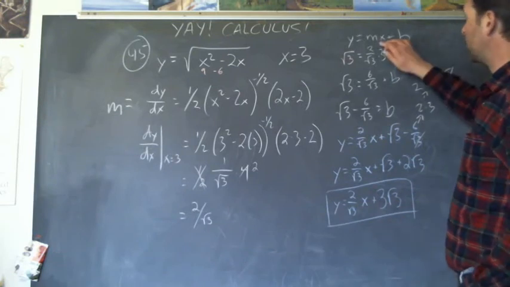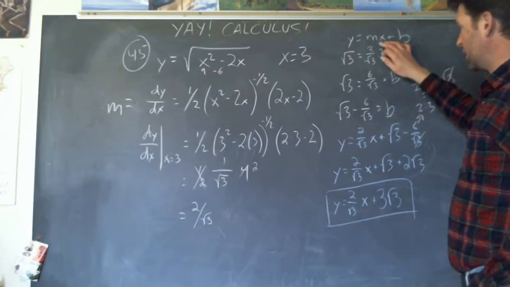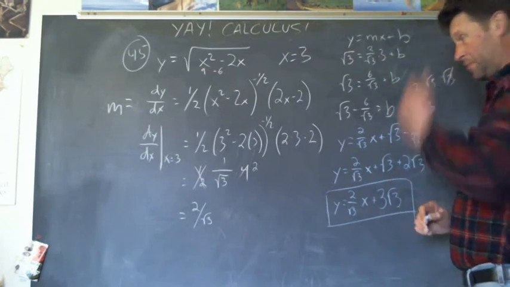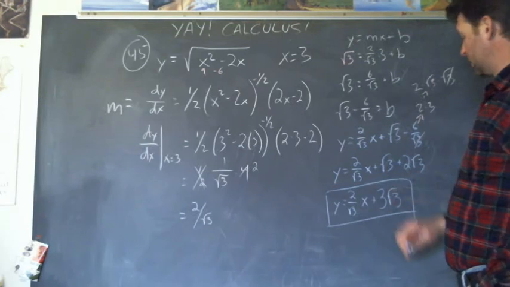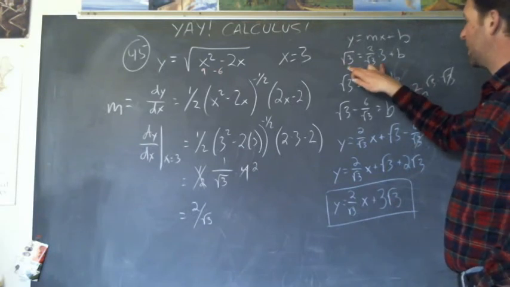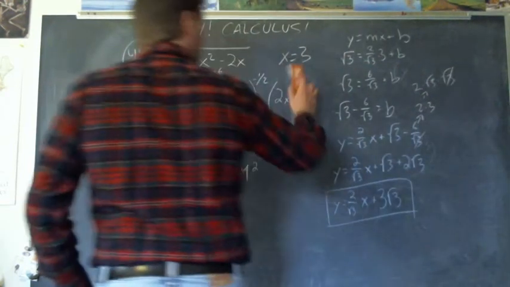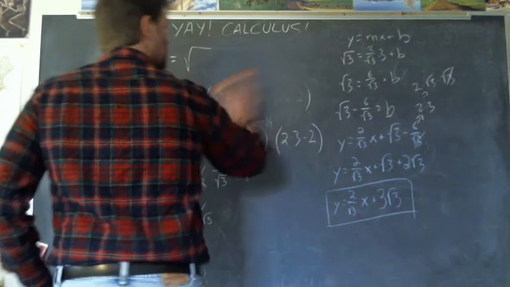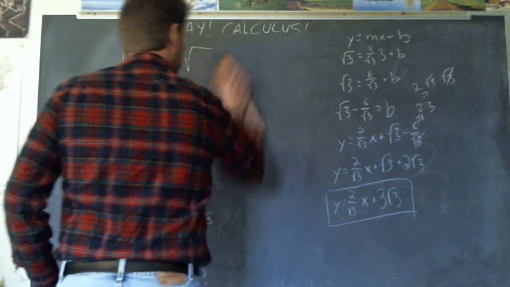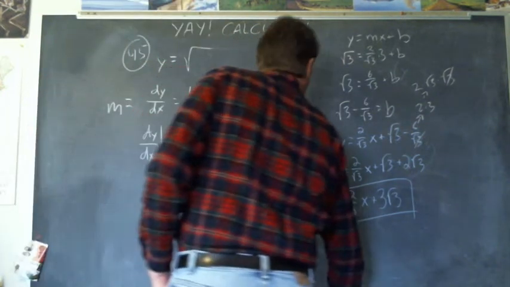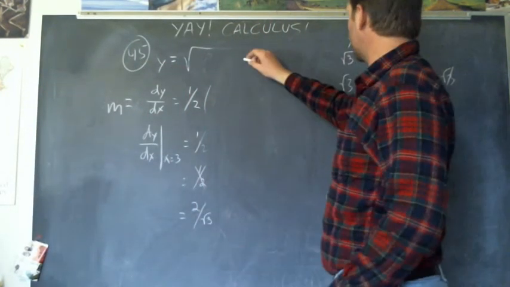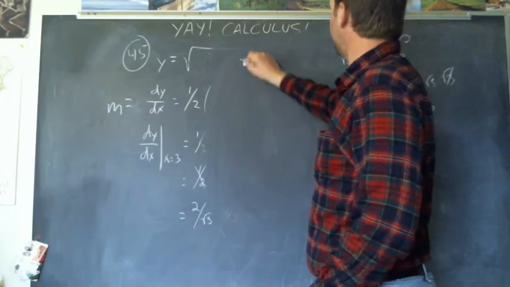We're going to do the exact same process as up here with our normal line, except we're going to use the negative reciprocal of the slope, and we'll keep the y and the x. So our y remains the same because we're going through the same point.